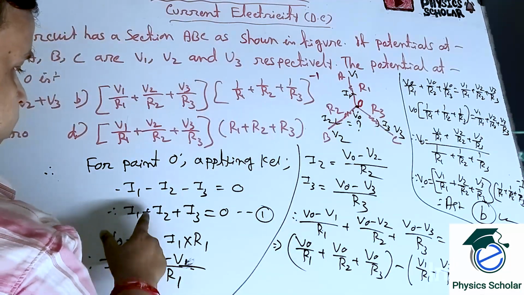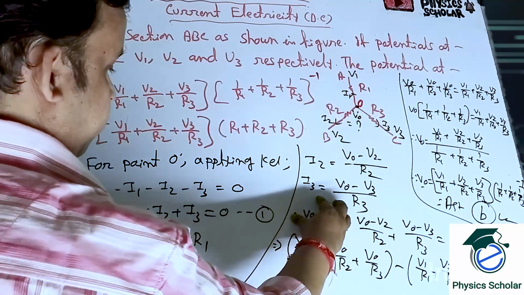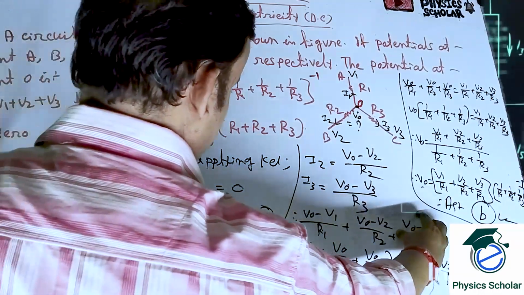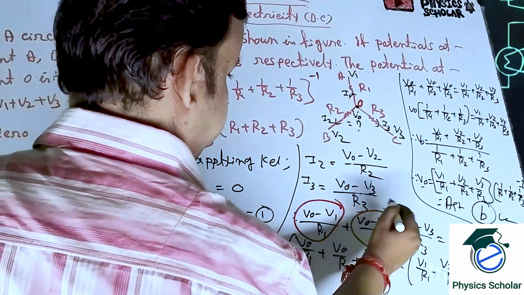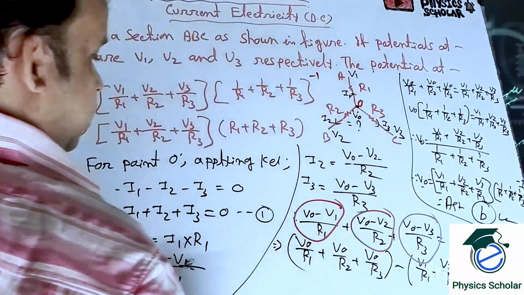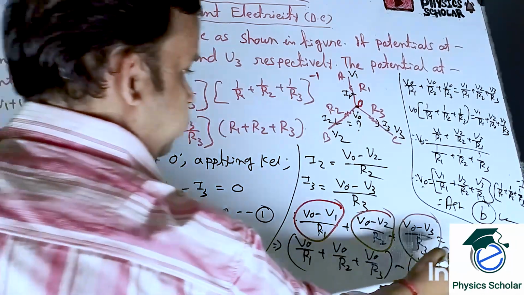Now we are putting the value of I1, I2 and I3 in equation number 1. Clear? We are putting the values in equation number 1, which is equal to 0.